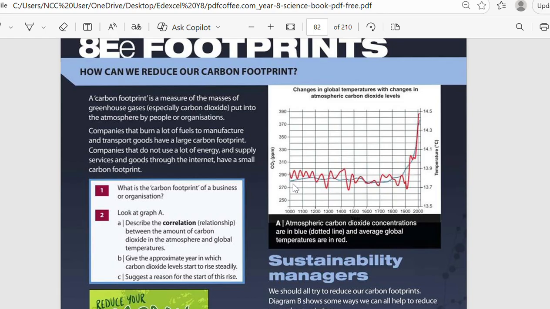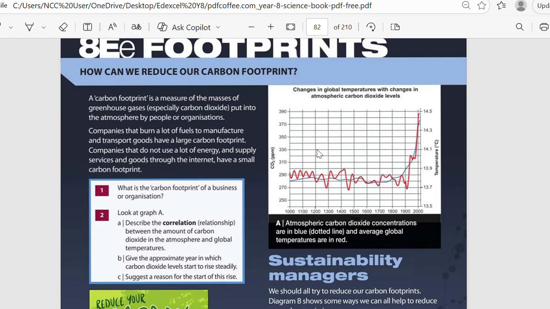Now you have to see it like this: when the levels of atmospheric carbon dioxide concentrations are increasing, the average global temperatures are also increasing. Can you see that? Yes. When there's a spike in the carbon dioxide levels, there's a spike in the temperature as well. So that's what you have to say.